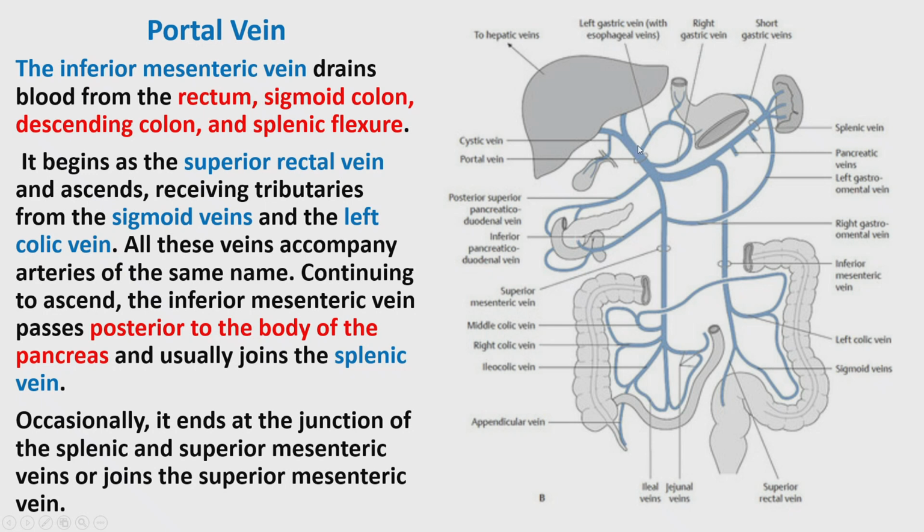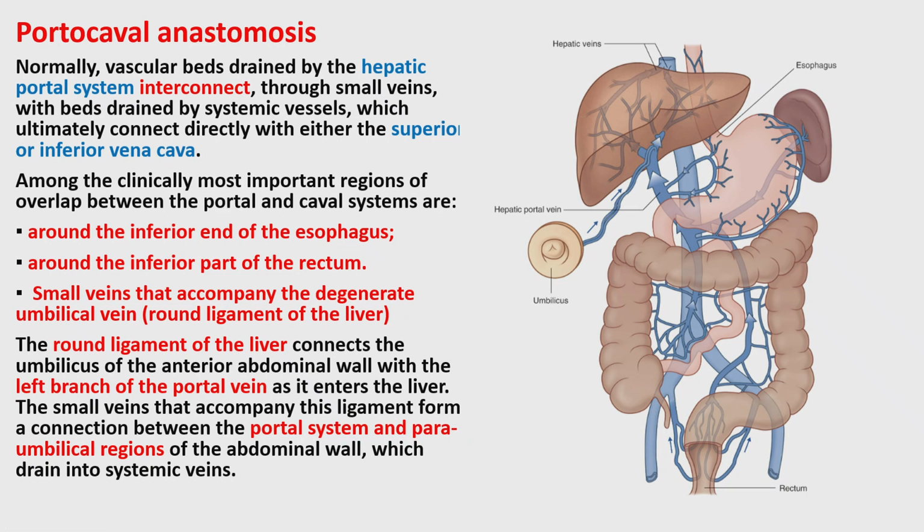Yes, so have this information, and now we reach the very important chapter, which is called portocaval anastomosis. It's happening that there are small veins, in some regions, that in one way are connected to the portal vein via superior mesenteric, inferior mesenteric, splenic, or direct portal vein.